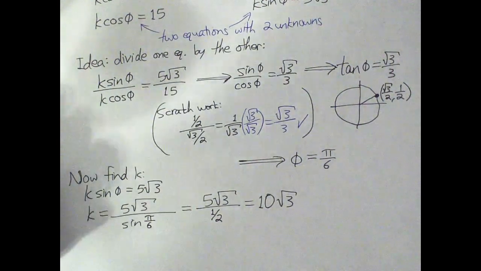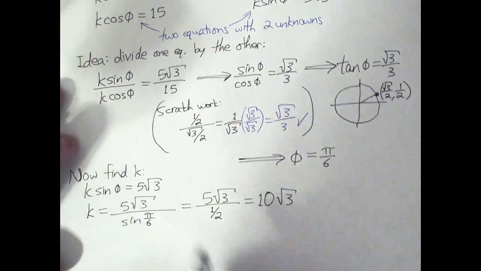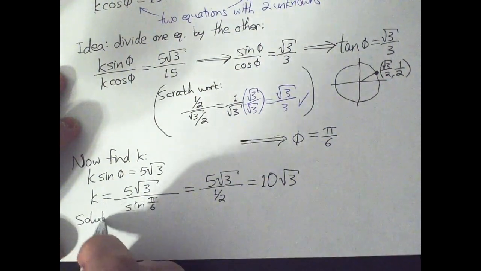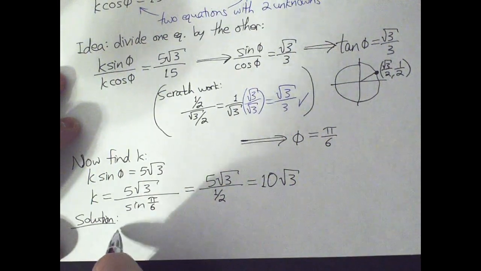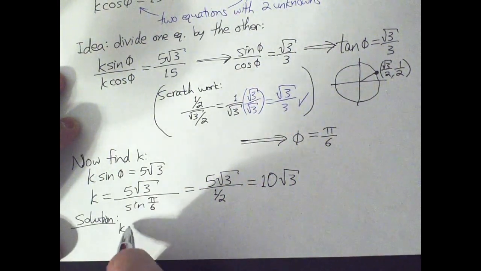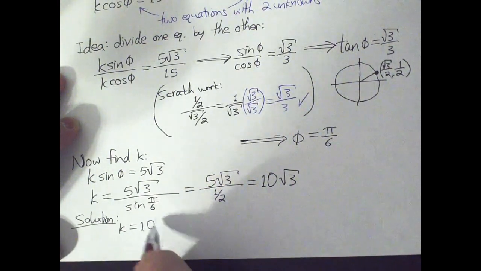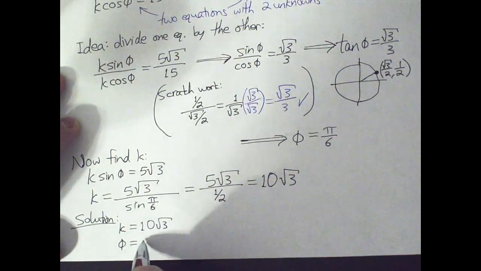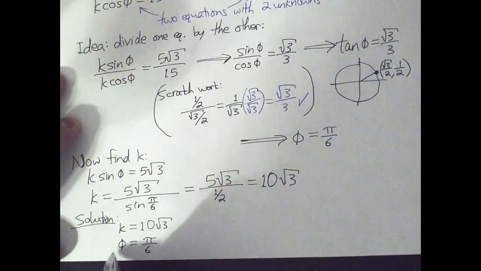All right, so we found k. We did it. So the solution, we're at the bottom of the page here. The problem said to find k. We found it. It said to find phi, and we found it. So that is the solution.